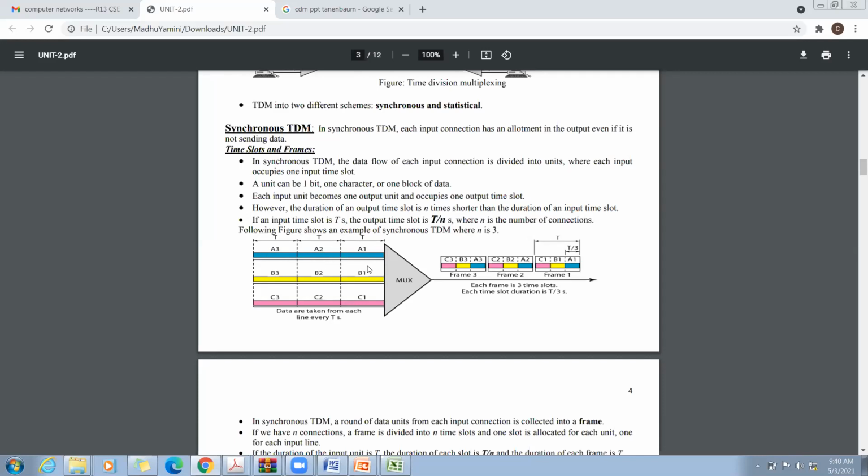A, B, C. At time T1, A transmits A1, B transmits B1, C transmits C1. These three, A1, B1, C1, together form a frame. Next, A2, B2, and C2. After that, A3, B3, and C3. This is the data taken from each time slot.